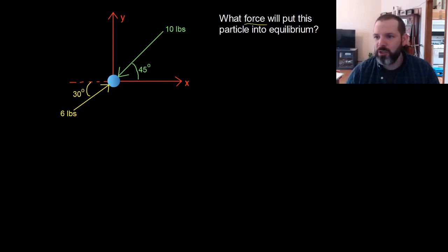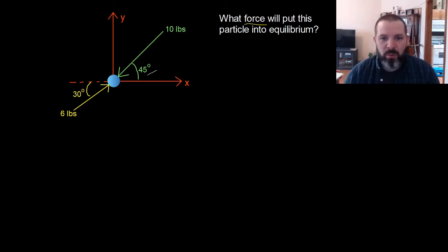The first thing we want to do to work on any of this is break the 10-pound force and the 6-pound force into their x and y components. So, if we look at the 10-pound force, it has an angle of 45 degrees, which means at 45 degrees, both sine and cosine are the same.